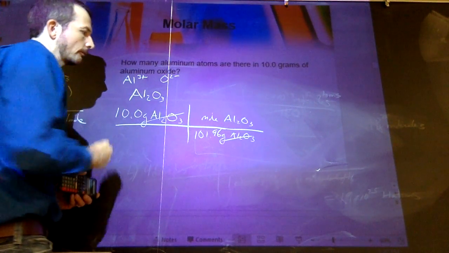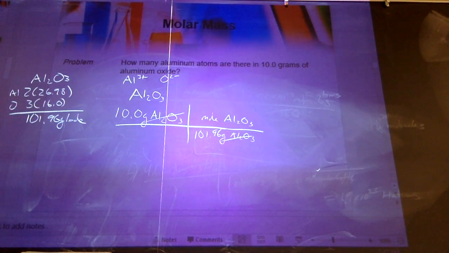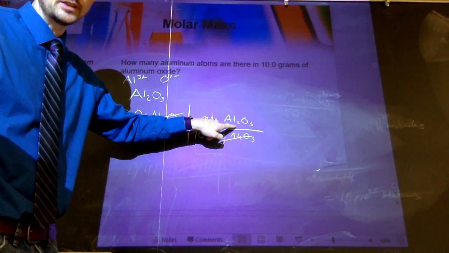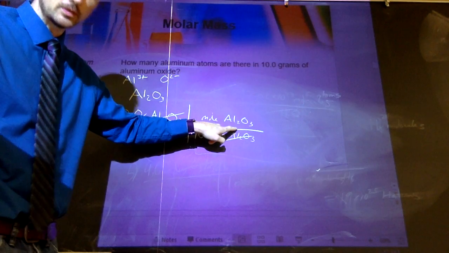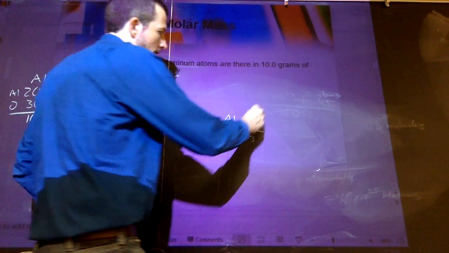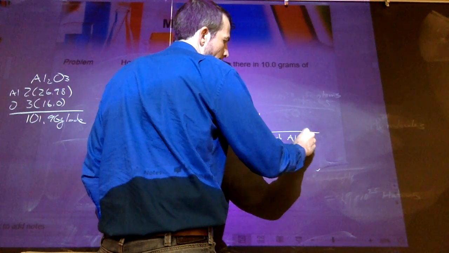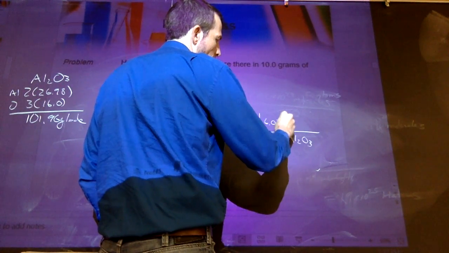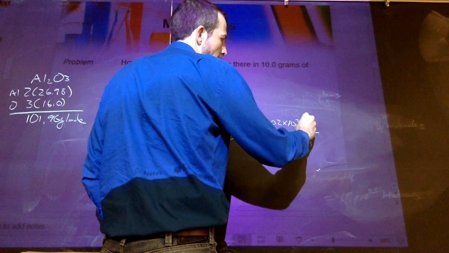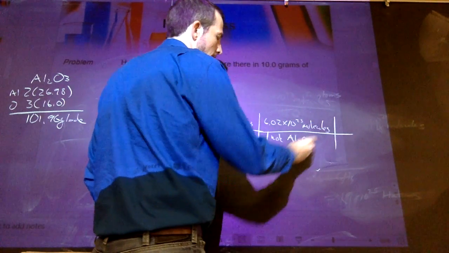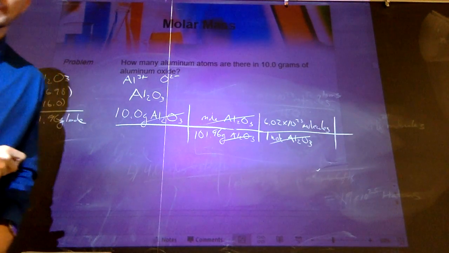It says how many aluminum atoms. What I have moles of is not an atom, it's a molecule. So I have to use that as my conversion. So 1 mole of Al2O3 is 6.02 times 10 to the 23rd molecules. Okay.